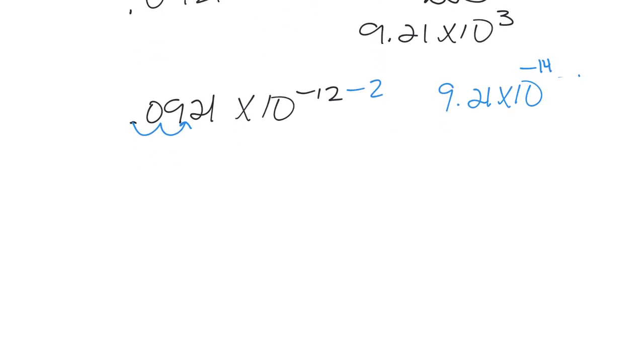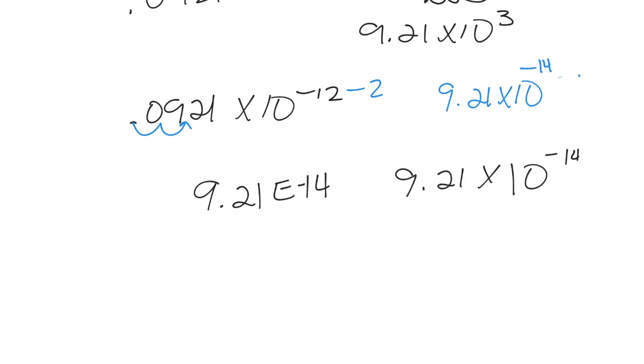So if you put in 0.0921, so you put 0.0921 times 10, use your little caret or y to the x, negative 12, it comes out 9.21 e negative 14, which means 9.21 times 10 to the negative 14. That's what that e negative 14 means. E means times 10.